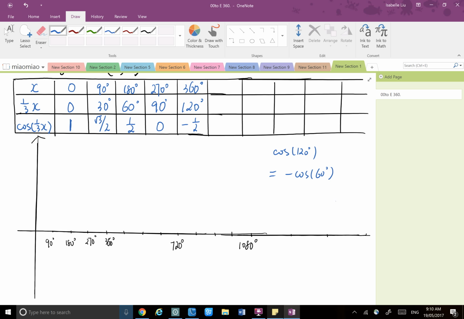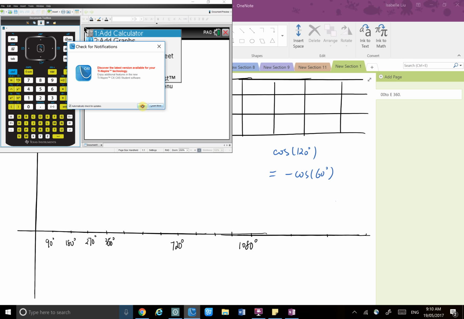Okay, when it's 0 degrees, I will have 1. When it's 90 degrees, I have root 3 over 2. Let's have a think. What's root 3 over 2?